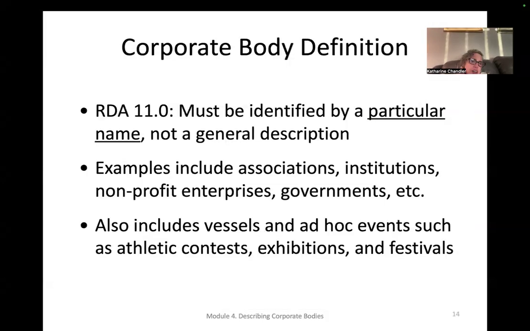Corporate body definition, RDA 11.0: must be identified by a particular name, not a general description. Examples include associations, institutions, nonprofit enterprises, governments, etc. Also includes vessels and ad hoc events such as athletic contests, exhibitions, and festivals.